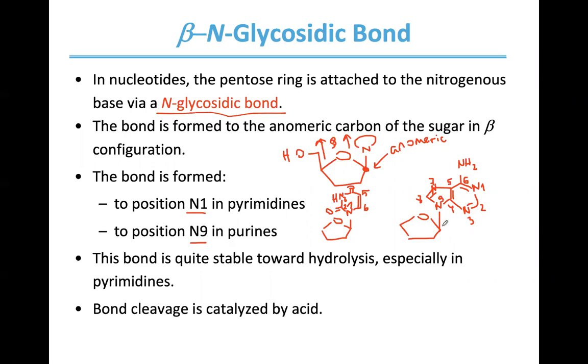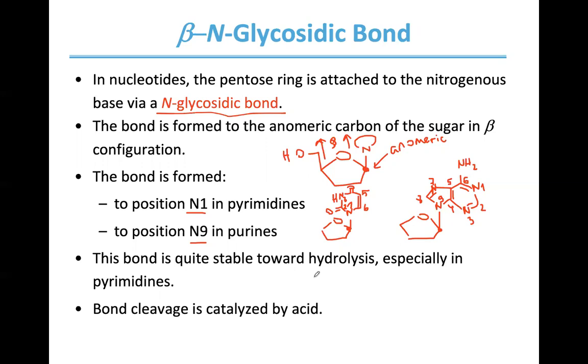So in purines, this is adenine or adenosine. If you add ribose, we have nitrogen 9, which is bonded through the glycosidic bond to the anomeric carbon. Right, nitrogen 1 in pyrimidines, nitrogen 9 in purines. So the bond is stable towards hydrolysis, especially in pyrimidines.